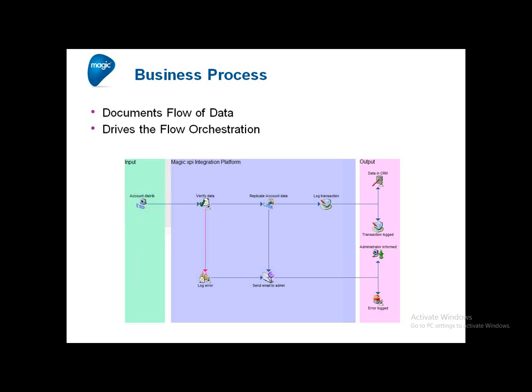When you create any integration, the first thing we normally do is think about the business processes. This is a screenshot of the development studio itself that documents the flow of data, and that will be used to drive the flow and orchestrate what should happen.